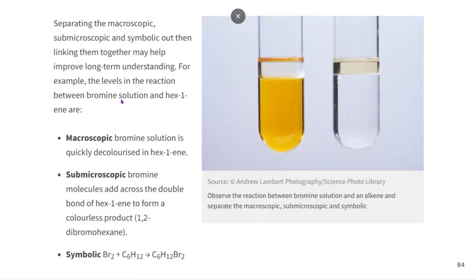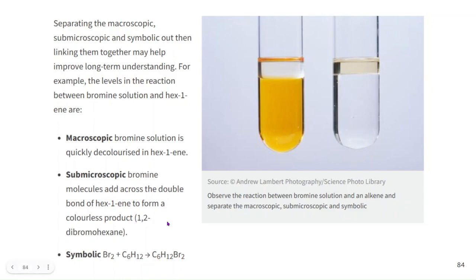I took this right from the Johnstone Triangle website, but it's true. So for example, the levels in the reaction between bromine solution and hexene are, so these would be the three levels. Macroscopic, the bromine solution is quickly decolorized in the hexene. So we have the bromine solution here, and then as they react together, it changes color, right? We observe this. This is the macroscopic.